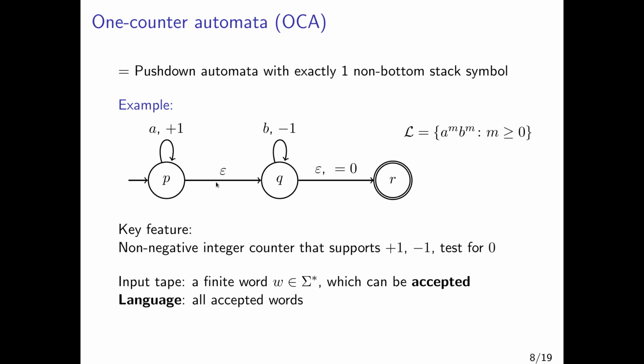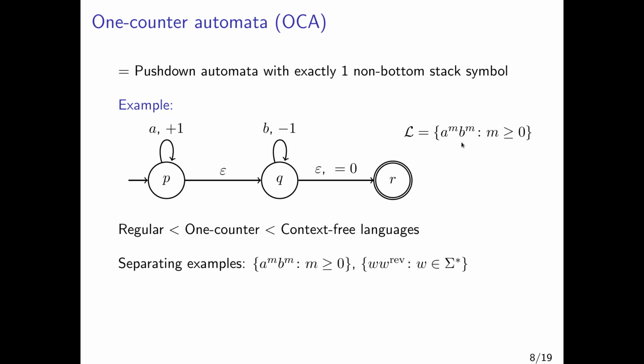Then you transition non-deterministically to the state Q, and then you can read several B's, decrementing the counter. But you won't be able to read more B's than A's, it's just that this transition won't be enabled. So then, if the final transition checks for 0, then you really have A to the M, B to the M. The language of such an automaton is the set of all accepted words, and such languages are called one-counter languages.